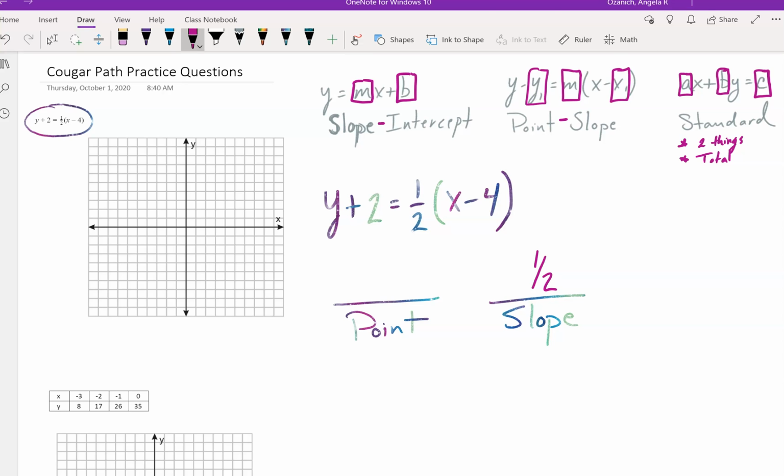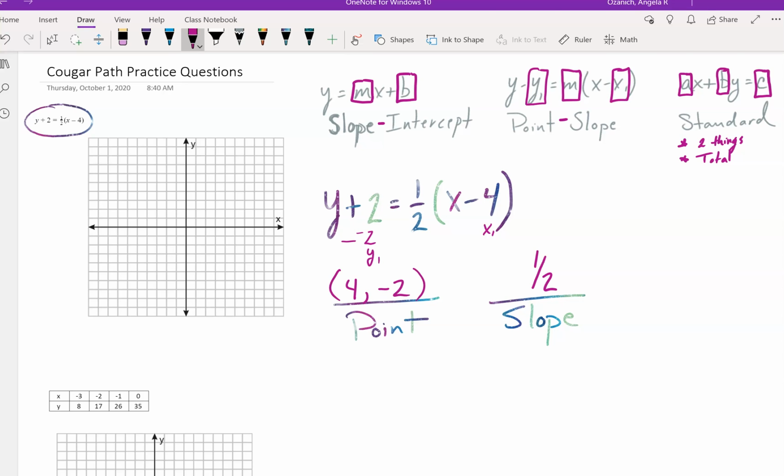There it is. And you want to be a little bit careful on identifying your point, because you want to grab your x sub 1 from this place, and remember the standard formula is minus a y sub 1, so this would actually be minus a negative 2 for your y sub 1. So the point is actually (4, negative 2).